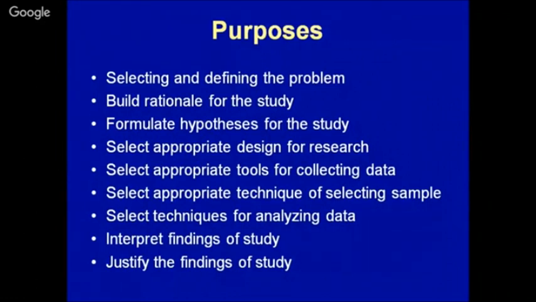And the second, which is very much related to the very first one, is building the rationale for the work. So once you have stated the problem, the justification for the study comes from the review. If a large body of research exists and the results are conclusive, there is no need to repeat the study.